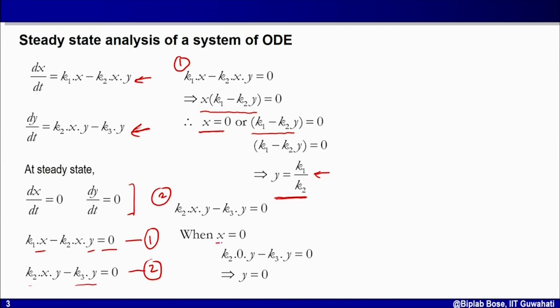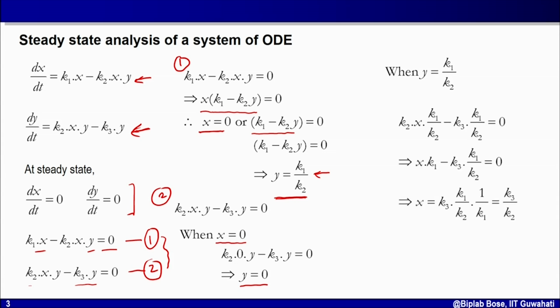So when x equal to 0, y has to be 0 to simultaneously make equations 1 and 2 correct. Let us take the other value we have got from the first equation, y equal to k1 by k2. Let us take the second equation and plug the value of y in that. So we get k2 into x into k1 by k2.